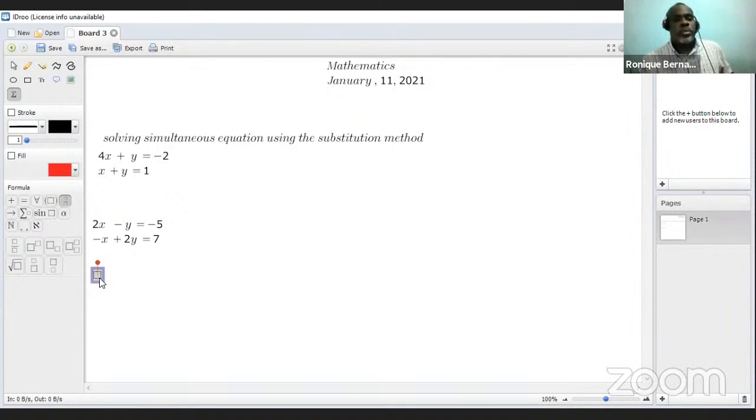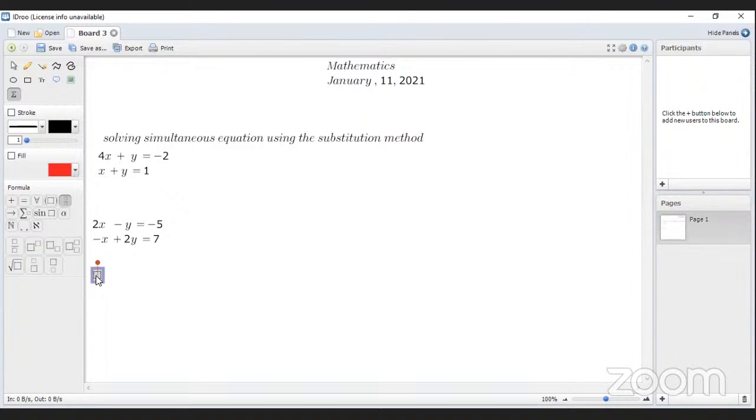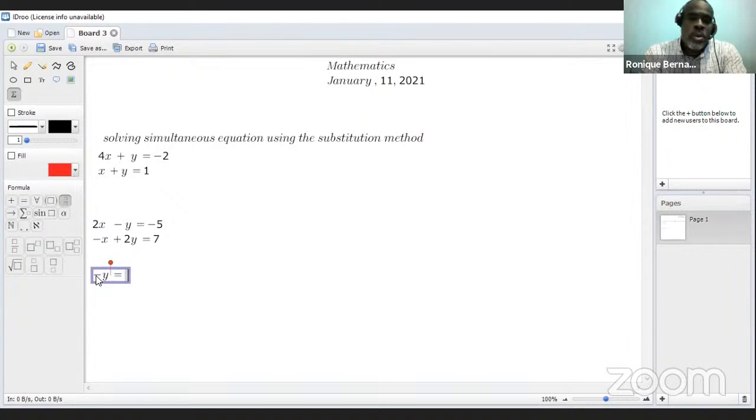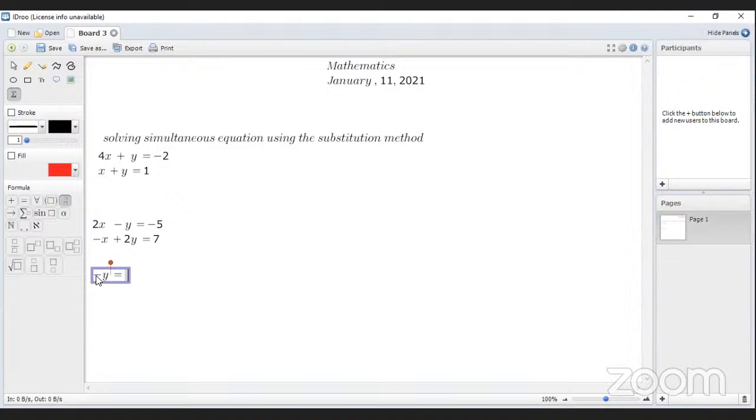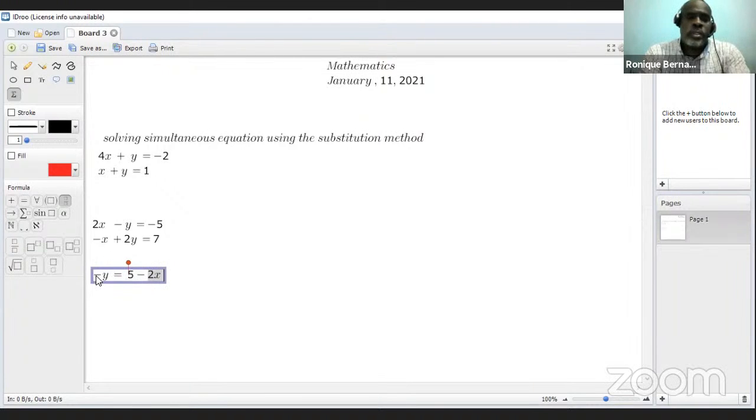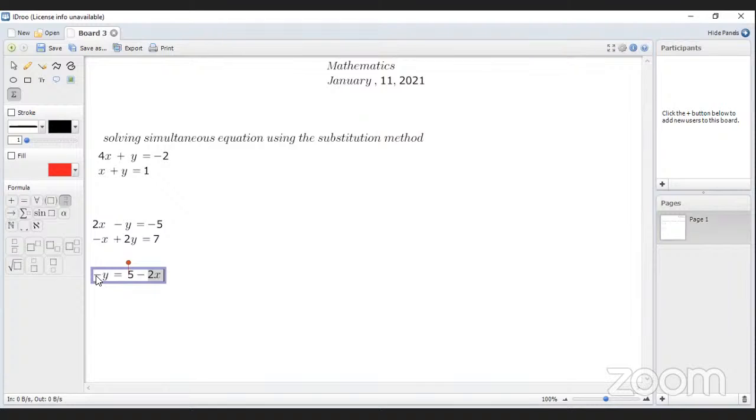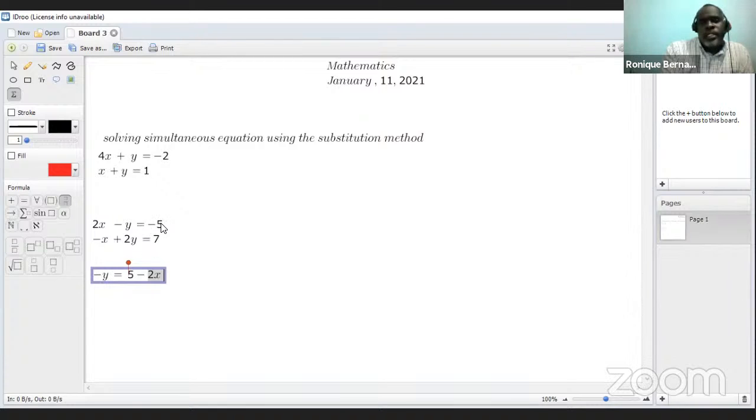So I have negative y equals 5 minus 2x. At the top right here, was it supposed to be 2x minus y equals negative 5?